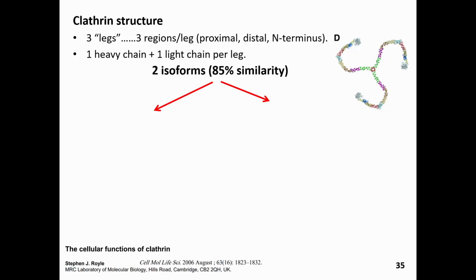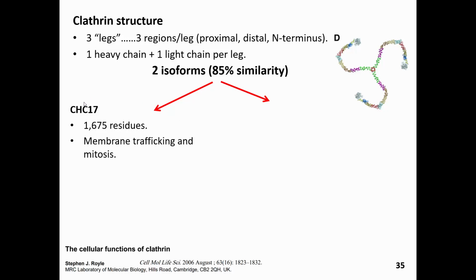It's important to note that there are slight differences, in that both have what's called an 85% similarity in terms of the residues. The first isoform, referred to as clathrin heavy chain 17, or simply CHC17, is estimated to have 1,675 residues or amino acids.